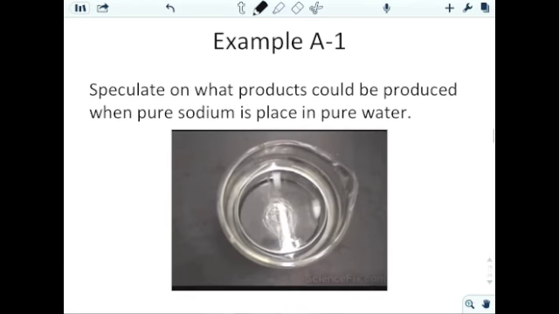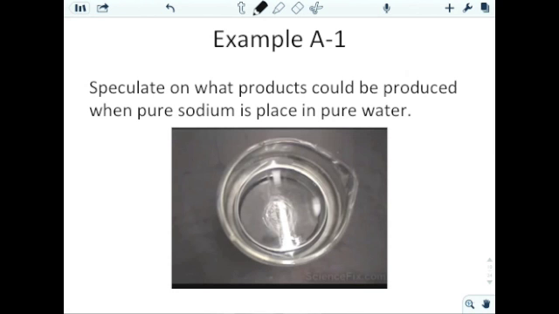So our first example, it says speculate on the products that could be produced when pure sodium, which is Na, is placed in pure water, H2O. Okay, so when we're looking at this, we have an element plus a water molecule, which is more than an element put together. So what do you think is going to happen?